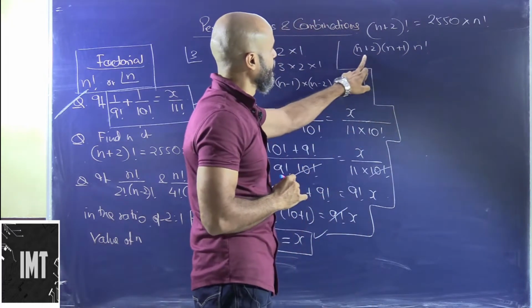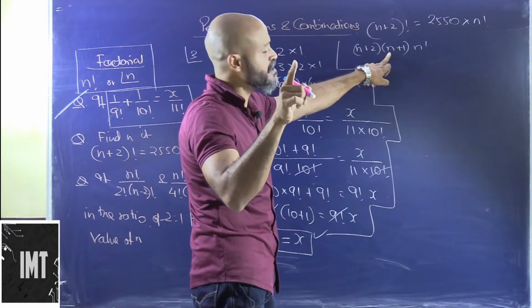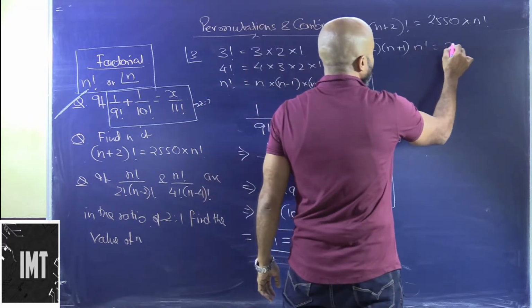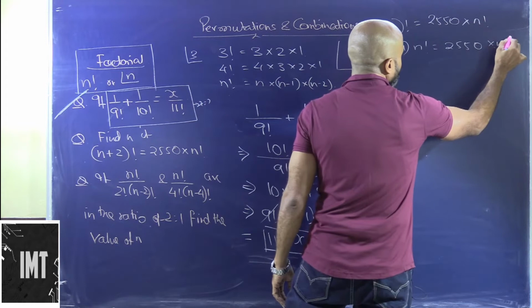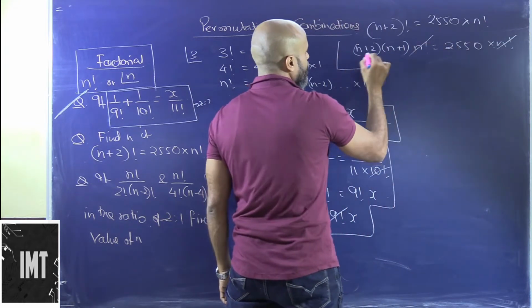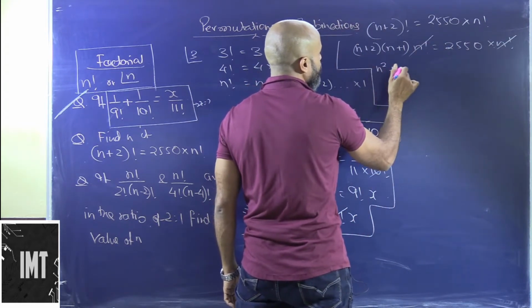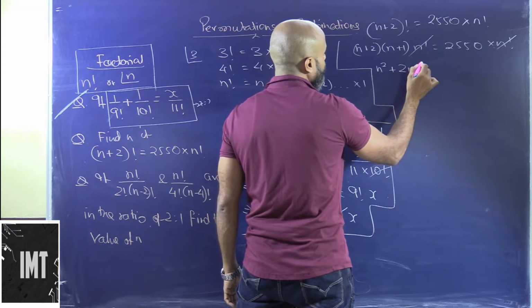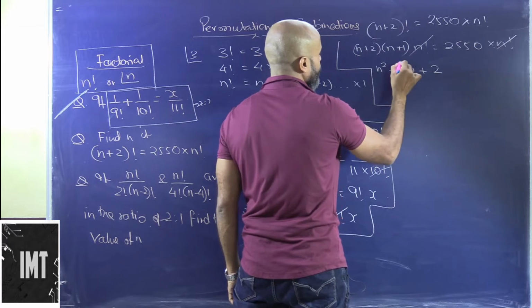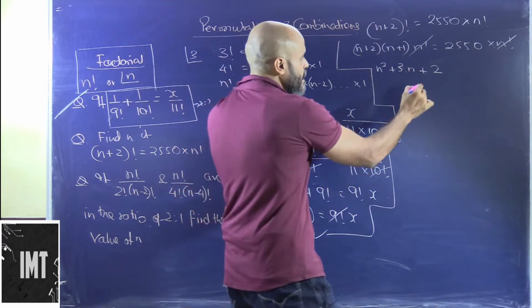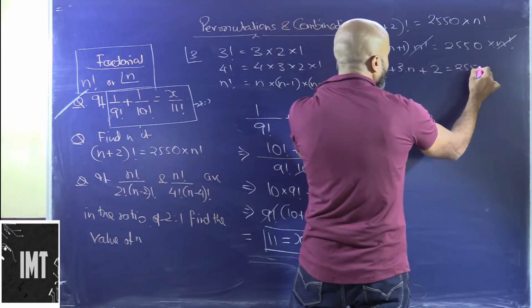We are decreasing it: n plus 2 into n plus 1 into n factorial is equal to 2550 into n factorial. So this gets cancelled. We have here n square plus 2n plus n, that will be 3n. So n square plus 3n plus 2 is equal to 2550.